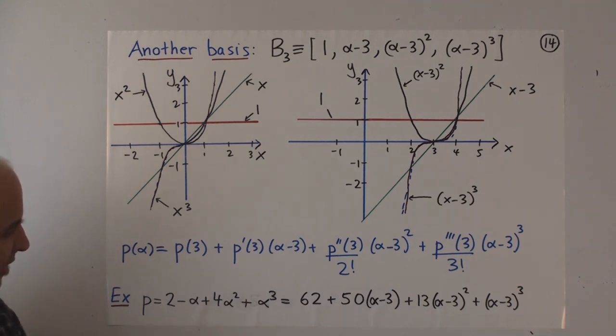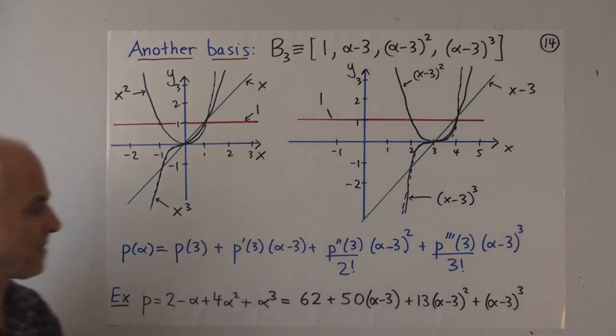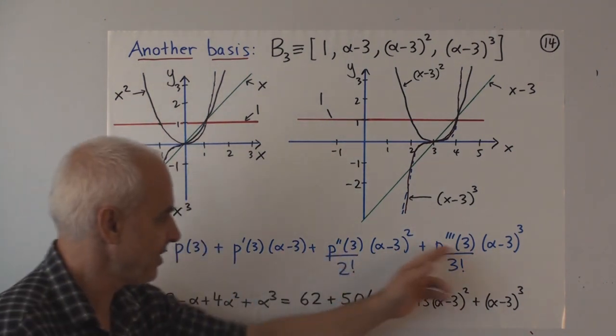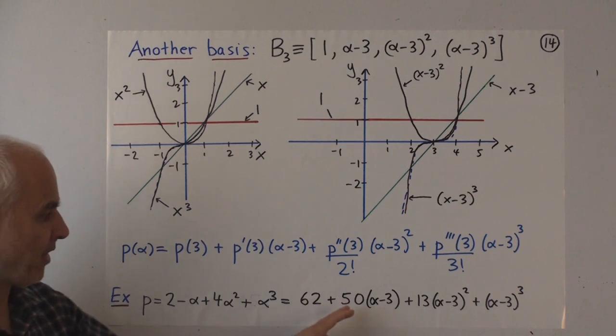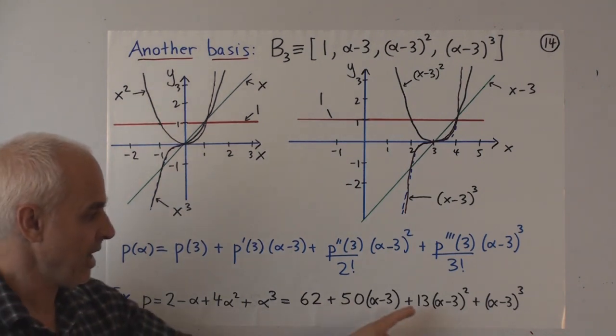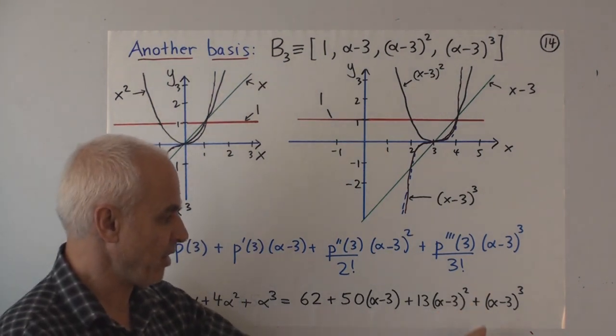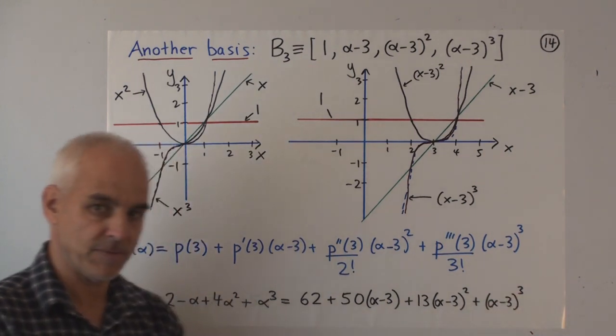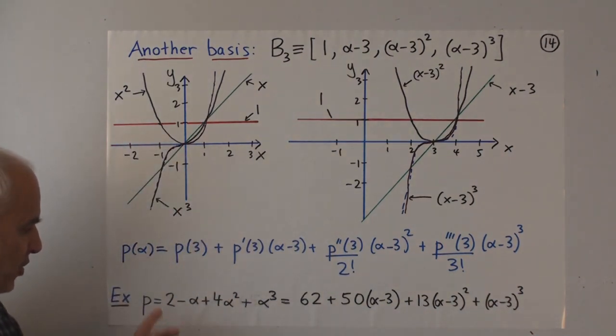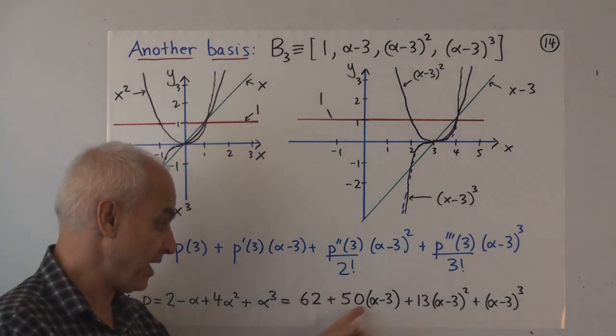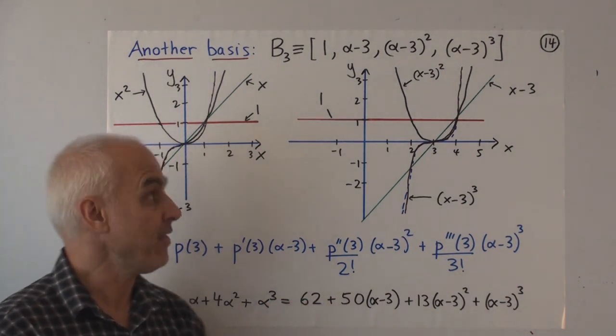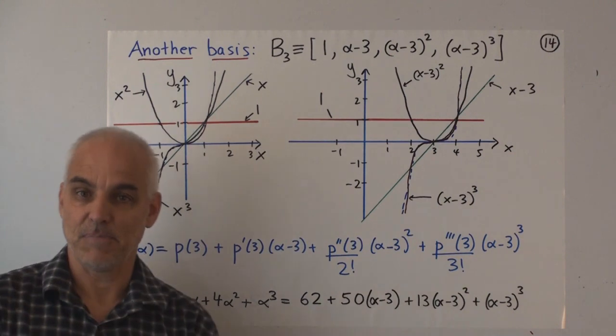Then you might like to try as an exercise to convince yourself that when you rewrite it in this basis, you get 62 plus 50 times (alpha minus 3) plus 13 (alpha minus 3) squared plus (alpha minus 3) cubed. So the coefficient vector has gone from 2, minus 1, 4, 1 in the standard basis to 62, 50, 13, and 1 in this new basis B sub 3.